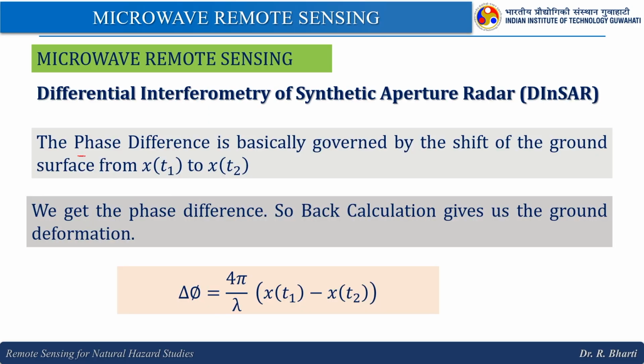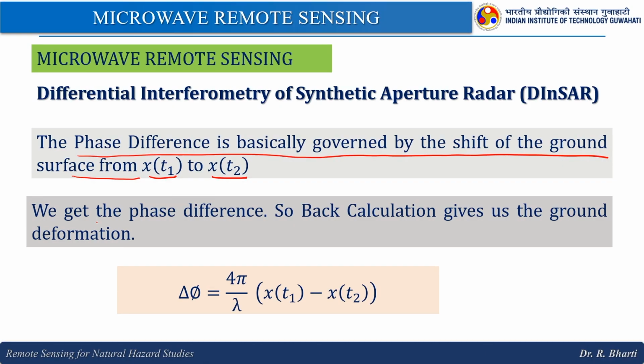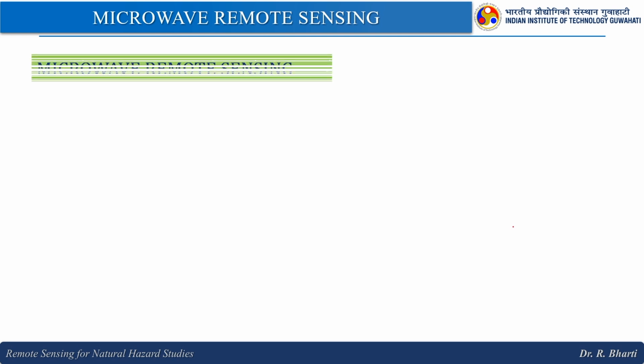The phase difference is basically governed by the shift of the ground surface from one location to another, and it will be in centimeters or millimeters, it is not that high. We get the phase difference, and back calculation gives us the ground deformation.